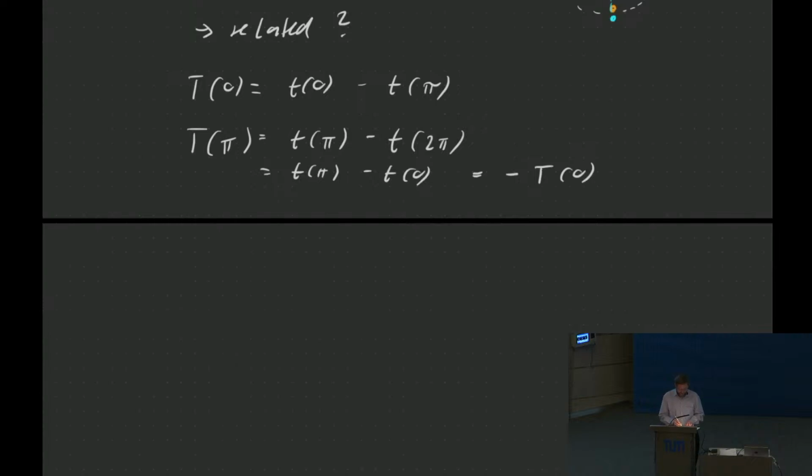Because now, well, assume T of 0 is positive. What does that mean? That means T of pi is negative, because it's the negative of T of 0. And that means, since the function is continuous, there must be a root somewhere in that interval.